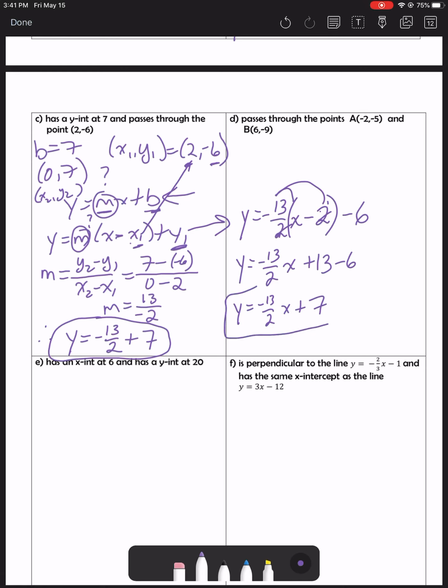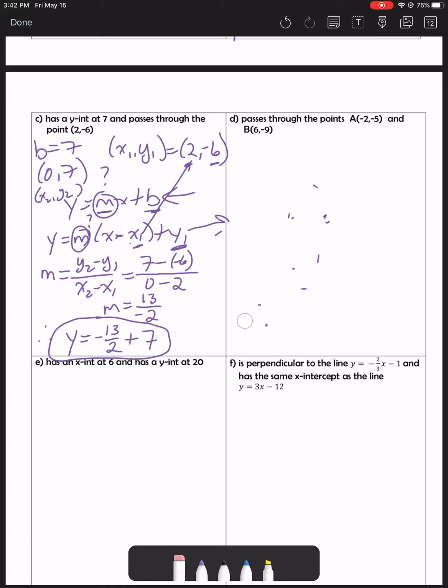See, we get the same equation no matter what we do. So you pick whichever one you want. We could have even used x1 be 0 and y1 be 7 from the y-intercept. Remember, x1, y1 can be any point at all. It can be any point at all. Okay, I'm going to erase this over here because we got the same answer anyway.